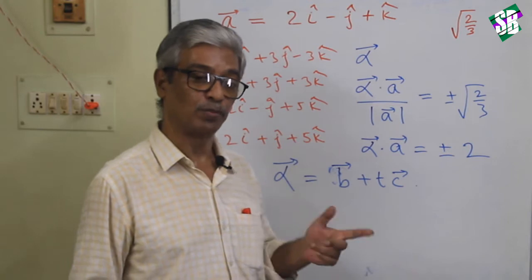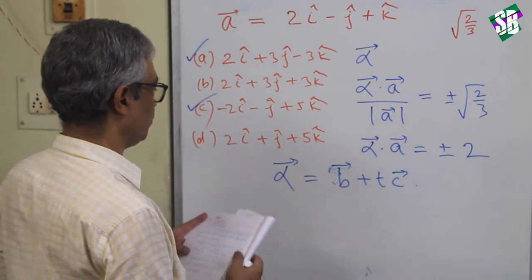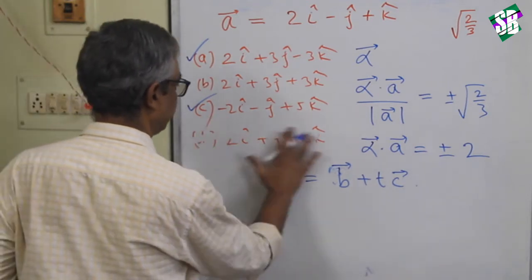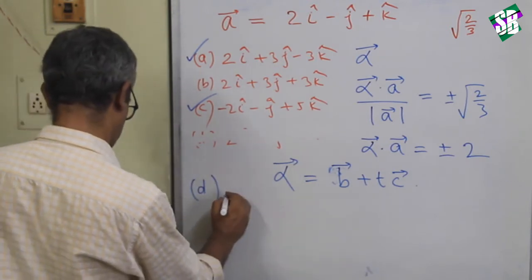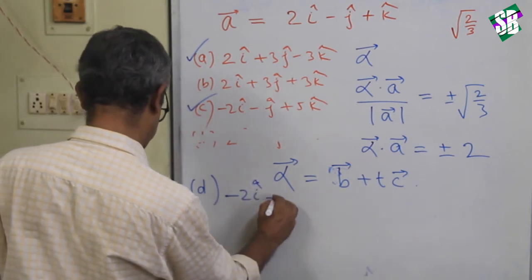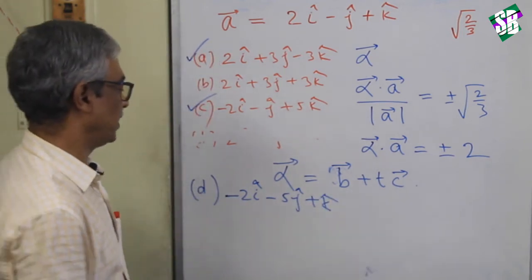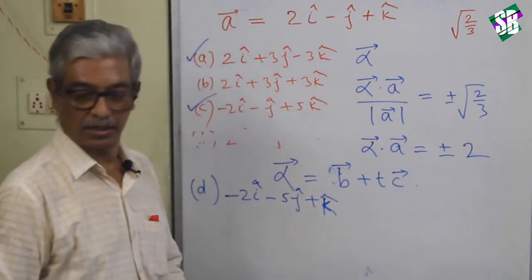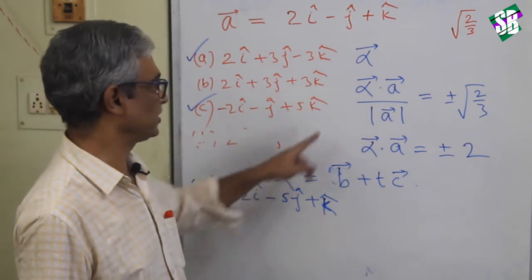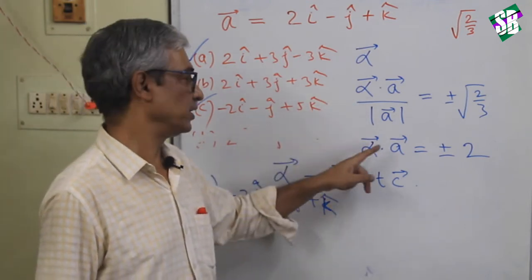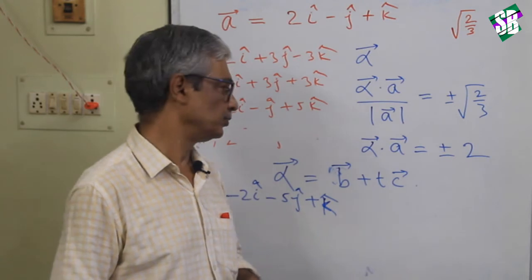But one more thing, suppose instead of D, you are given the option minus 2i cap minus 5j cap plus k cap. Now if you put this vector in place of alpha vector, you will find that alpha vector dot a vector is +2 or -2, I don't know, just check out.